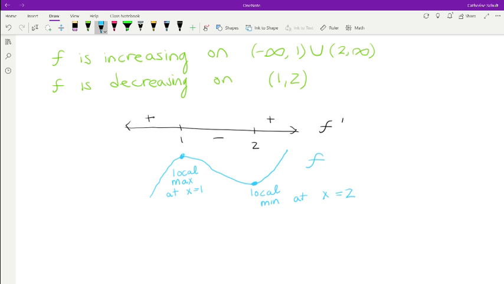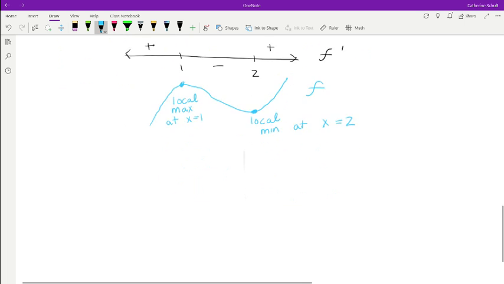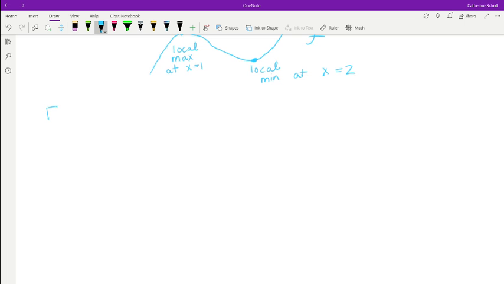And that's called the first derivative test. So let's write out what the first derivative test is.